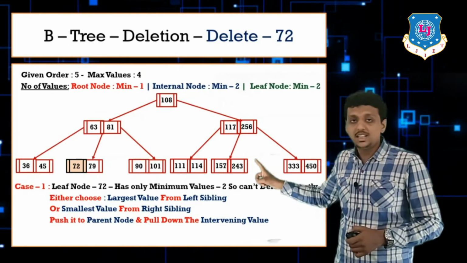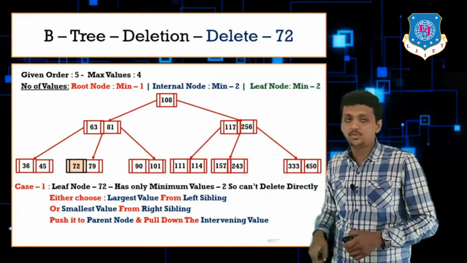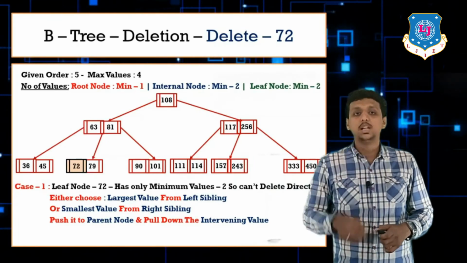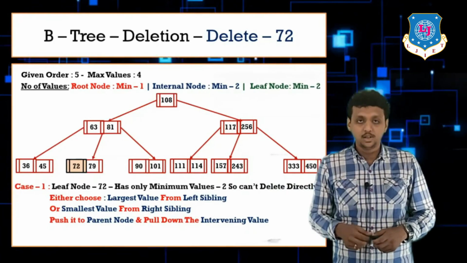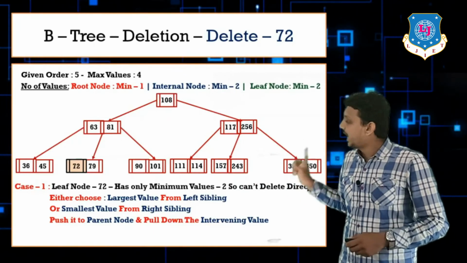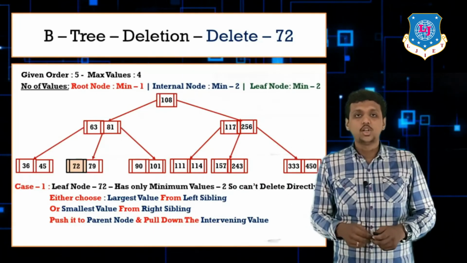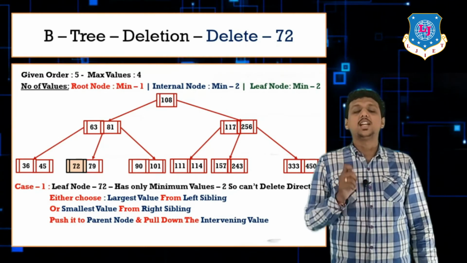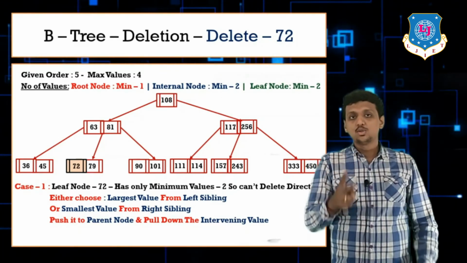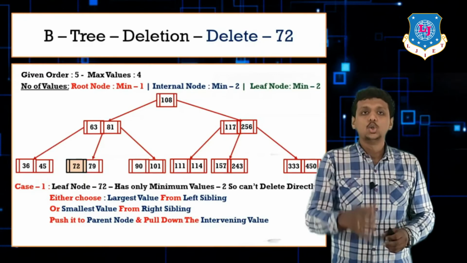Now see, the left sibling 36 and 45 both have only 2 values, so they cannot give a value. Same with 90 and 101, both already have only 2 values. According to the rule, a leaf node must contain a minimum of 2 values. So they also said no to node 79.